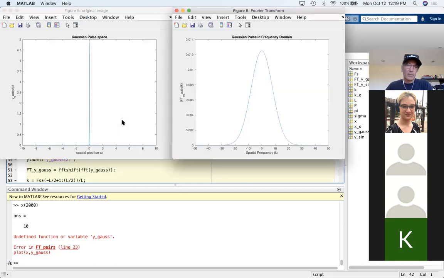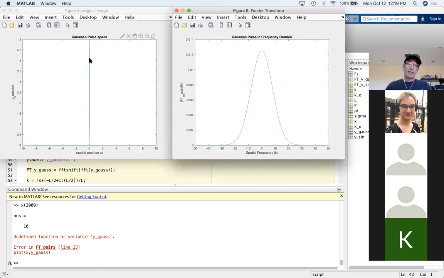So now I've got a really thin Gaussian in space. In the frequency domain, to make this really sharp function, I need higher spatial frequencies. And so I get values out at higher frequencies. And so the thinner this function gets in the spatial domain, the wider it gets in the frequency domain, and vice versa.